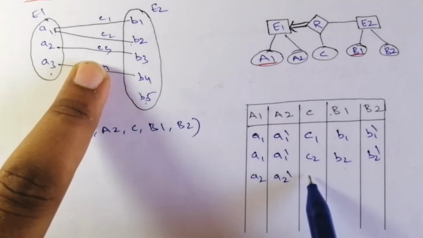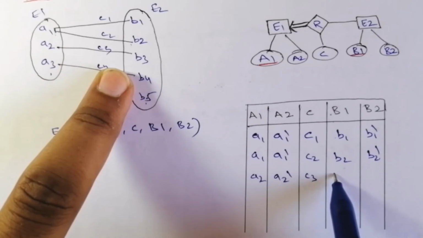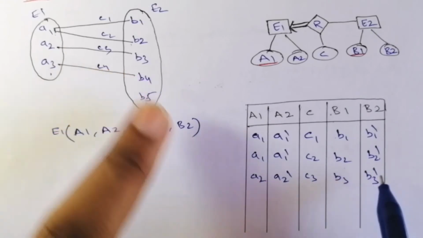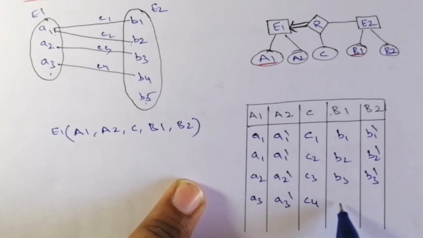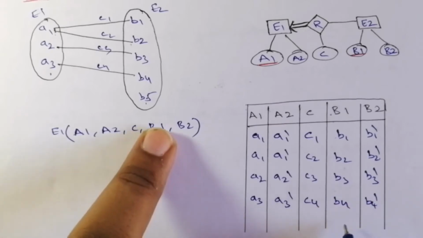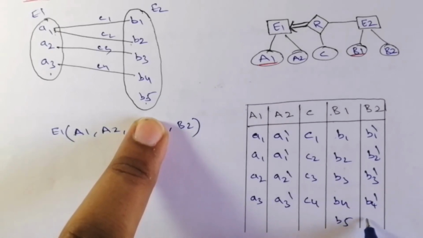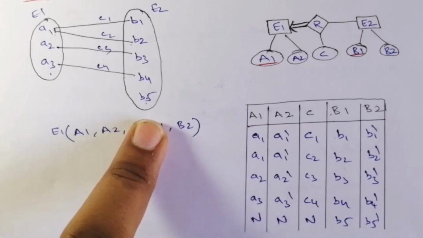Next C3, B3, B3 dash, and next we have A3, A3 dash, C4, B4, B4 dash. Next, what we have left is B5, B5 dash, null, null, null. So this is the case here.